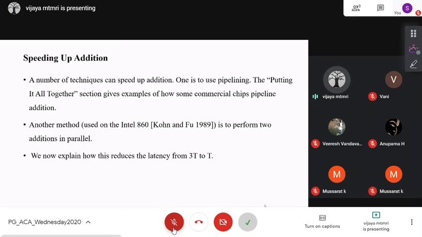Another method we are using is two additions parallelly. When we perform the addition parallelly, we'll get the answer simultaneously, or we can reduce the time. We can add the two numbers. So we need to explain how it reduces latency from 3t to t.